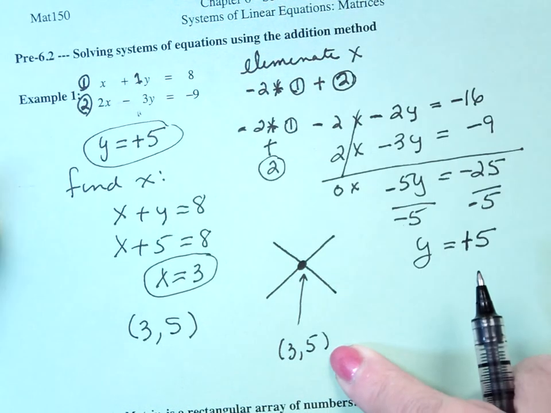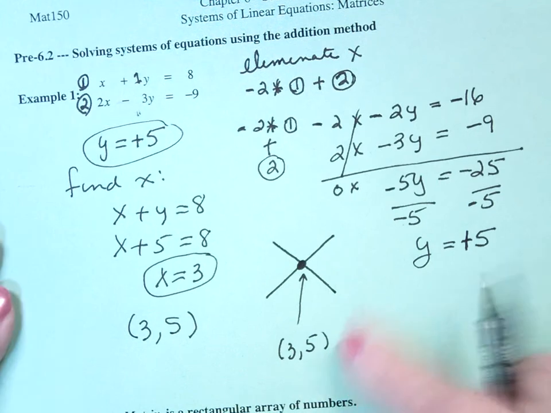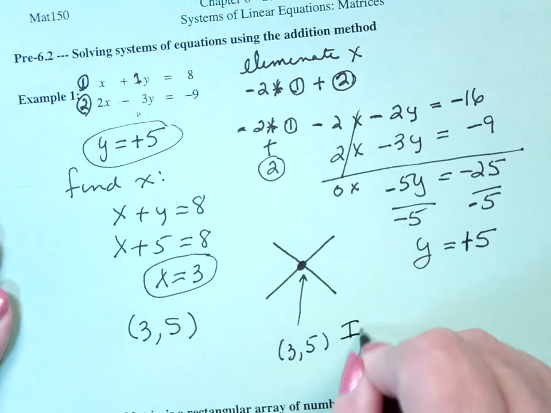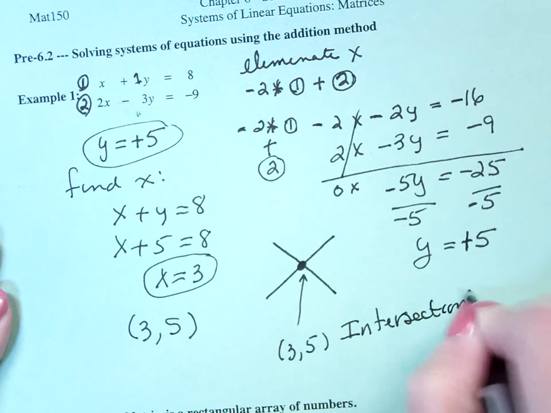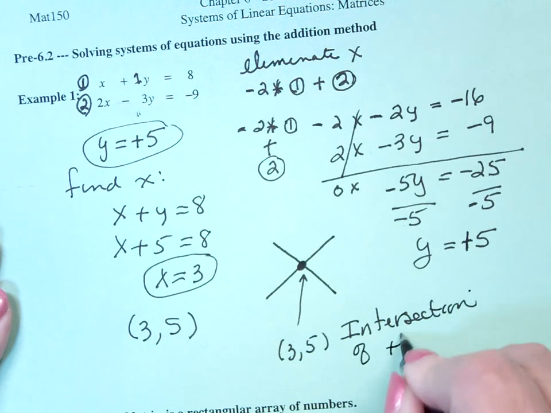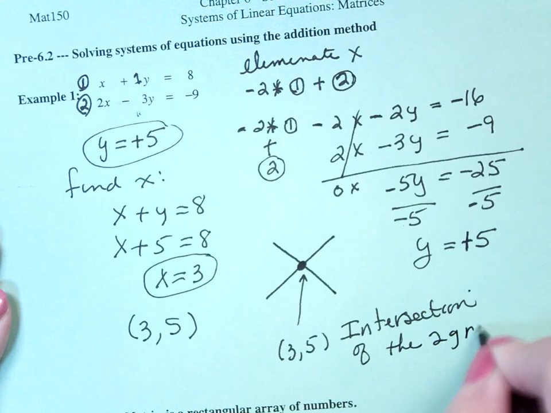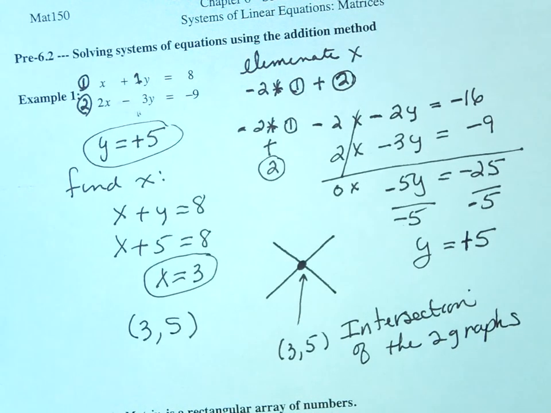So you're looking at the intersection of the two graphs. And that's what a solution is. It's the intersection of the two graphs.